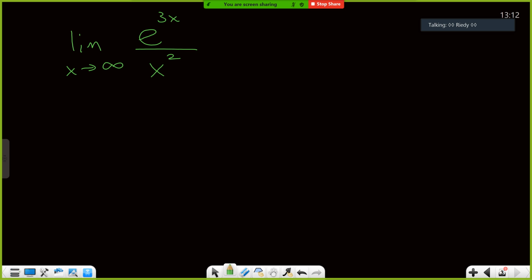It's e to the x would be the exact same thing, but then you have to add on the change. So it's e to the 3x over... So what do you do?